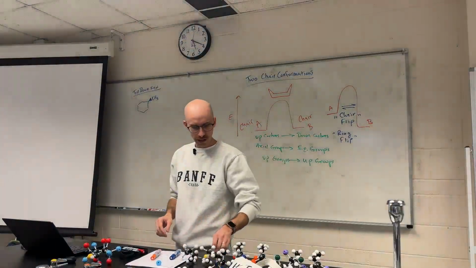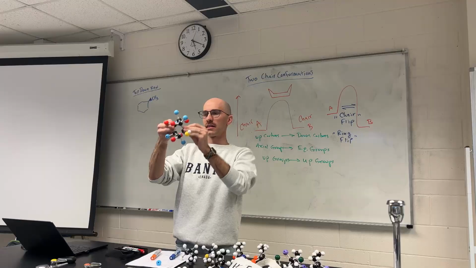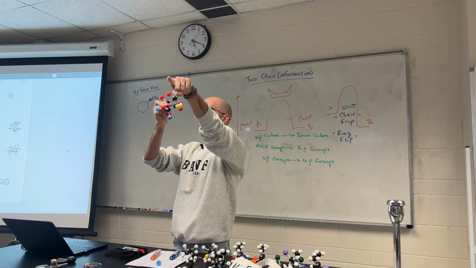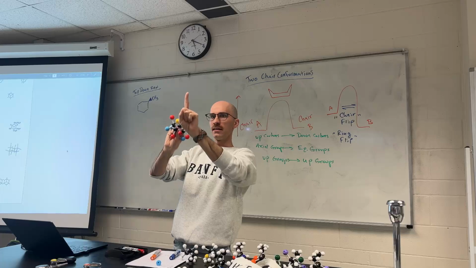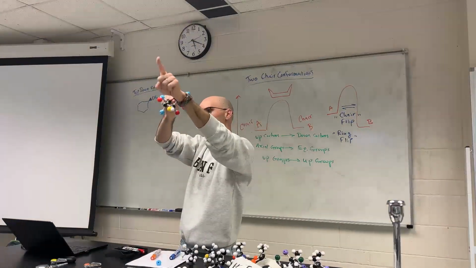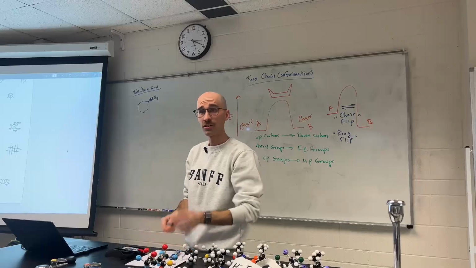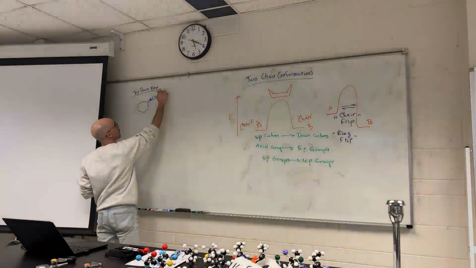Well, because it's wedged, that means it's coming at you. So when you flip this molecule onto its side, something that's coming at you will be up. So something wedged, up.